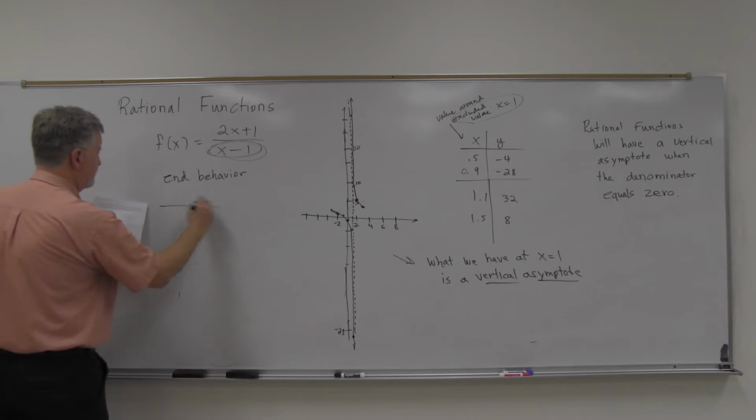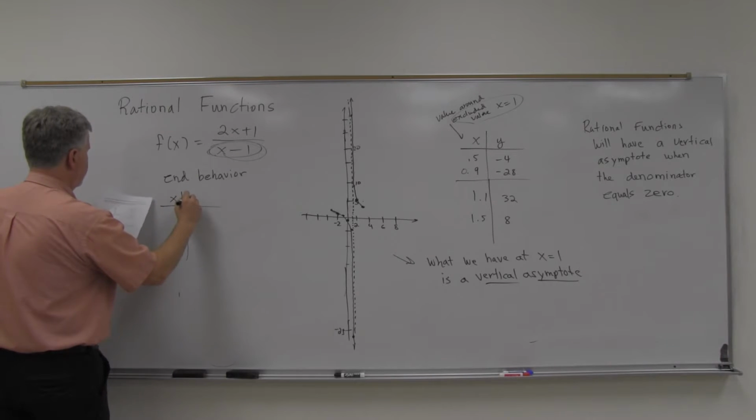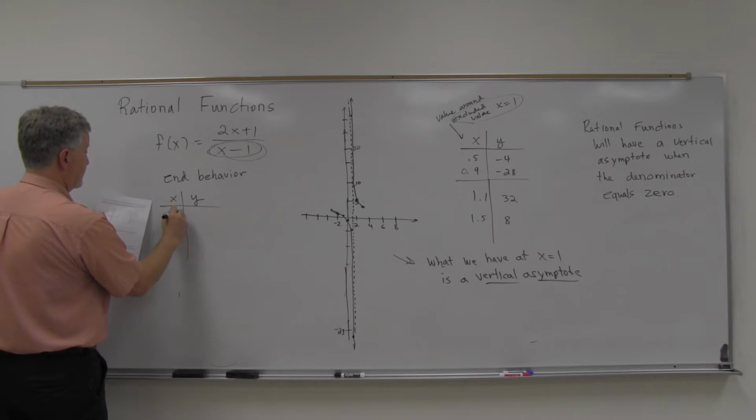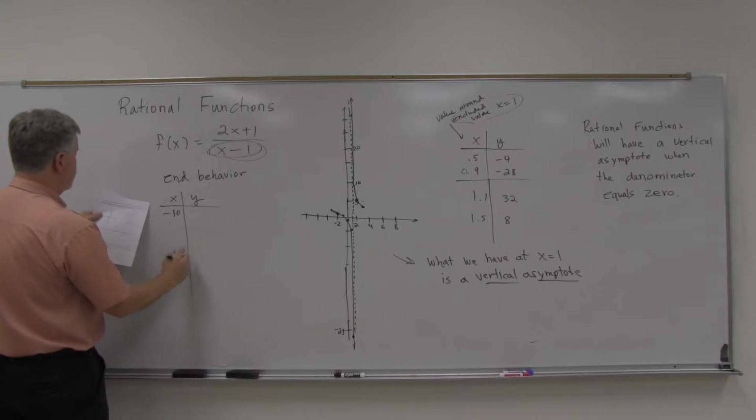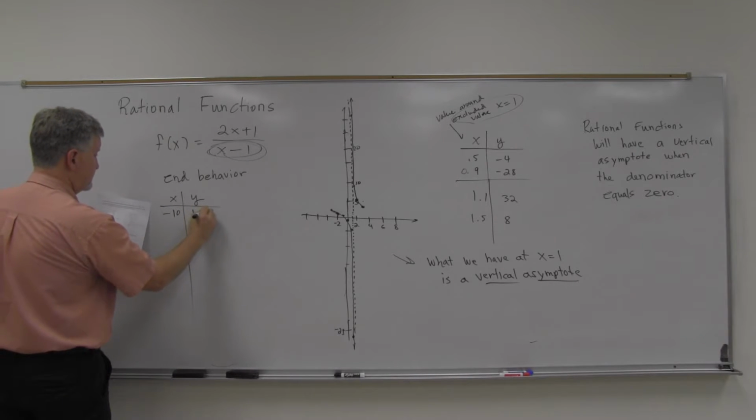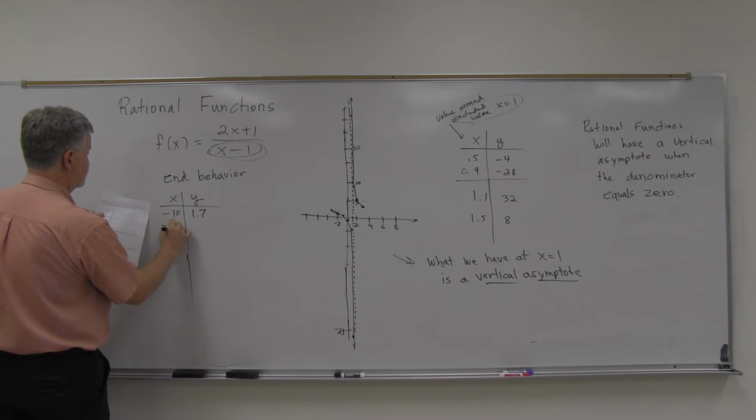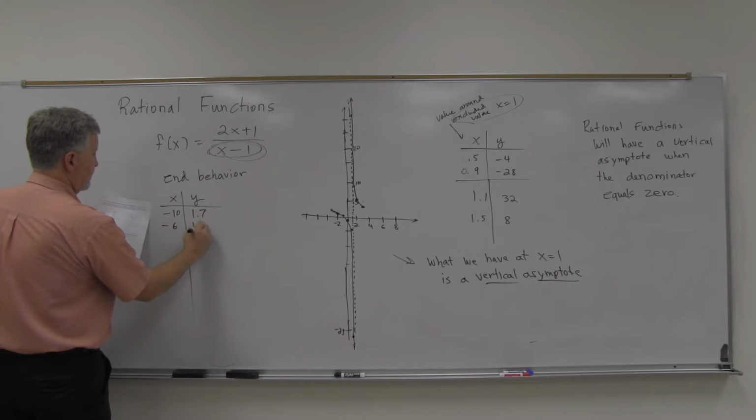On the table I've already computed, you can check on these, at x is negative 10, the y is 1.7, at x is negative 6, y is 1.57, and at x is negative 4, we've got y is 1.4.